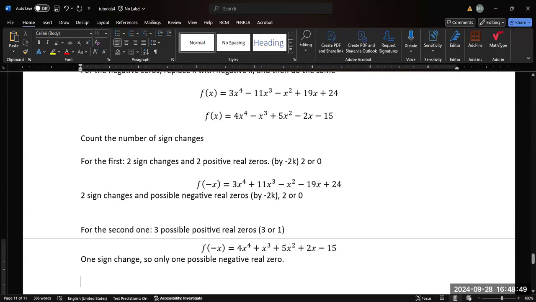And so I'm probably more likely to run into a rational zero that's positive than one that's negative, because there are more positive zeros to find. And so this will give me a little bit better chance of finding something that I can use to reduce the problem.